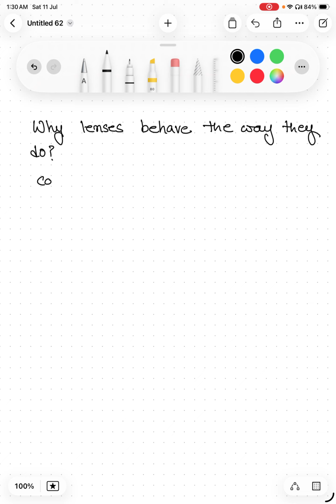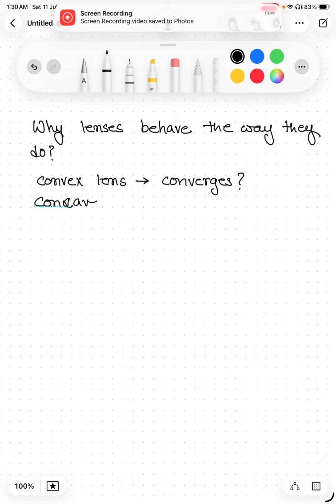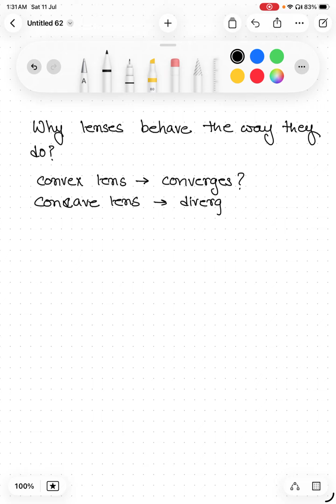It means that the convex lens we know converges, while concave lens diverges. Why? To understand that, we are going to think of lenses as a combination of prisms.